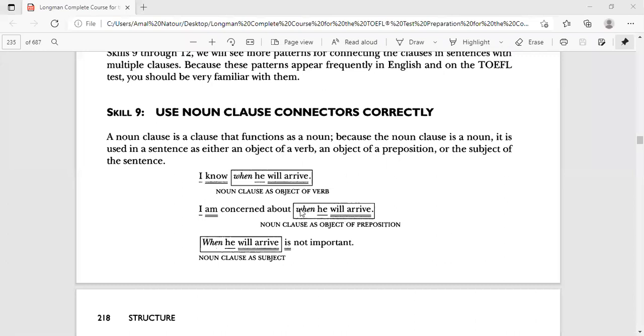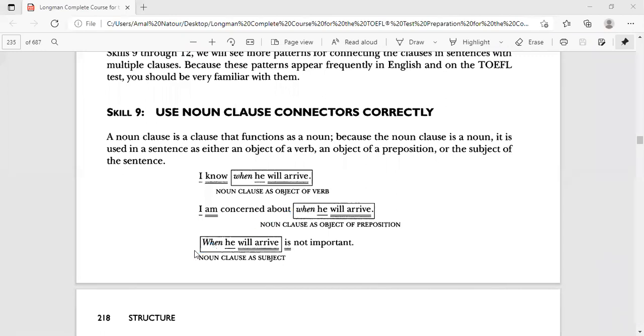When is the connector, he will arrive is subject and verb. إذا when اجت هون it connects between the first clause and the second clause. هي اول فانكشن لها. طب الفانكشن الثاني لها شو هو؟ When here changes the clause he will arrive into a noun clause that functions as object of a preposition. يعني هي اجت هي الجمله الاسم المجرور بحرف الجر about. اذا اجت تلعب لي دور الاوبجكت اوف preposition، هي والكلوز تاعها تلعب دور الاسم المجرور بحرف الجر about.